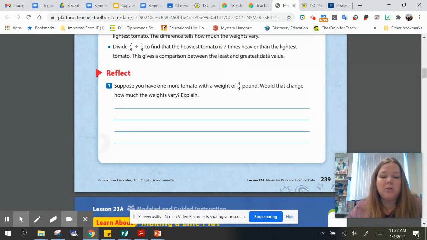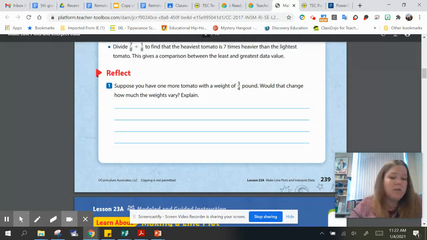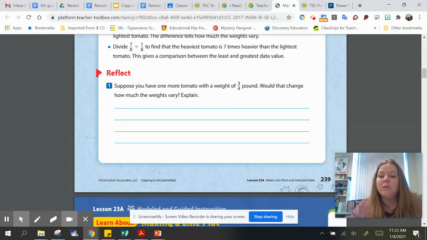Right here it says reflect. Suppose you have one more tomato with a weight of 3/4 pounds. Would that change how much the weights vary? Explain.